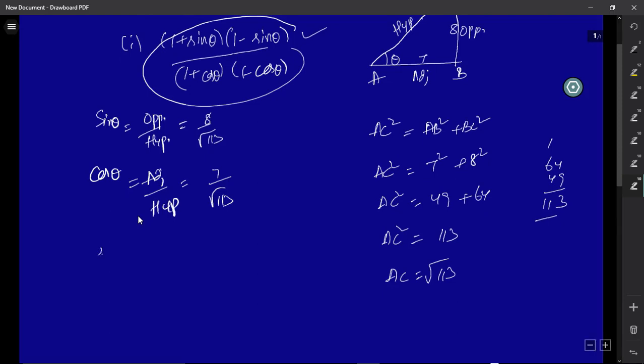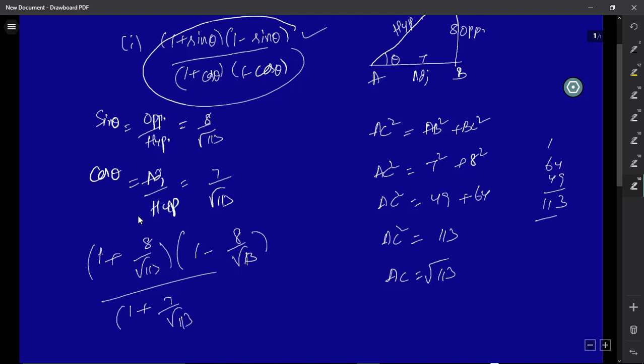1 plus sine theta, the value of sine theta is given as 8 by root 113. 1 minus sine theta, by 1 plus cos theta. Value of cos theta is 7 by square root of 113.